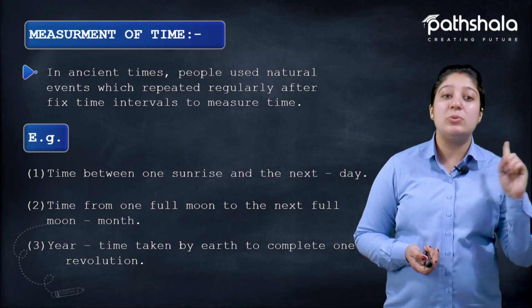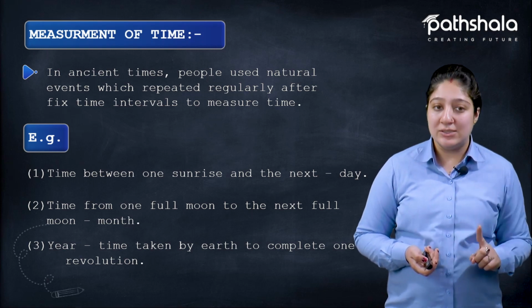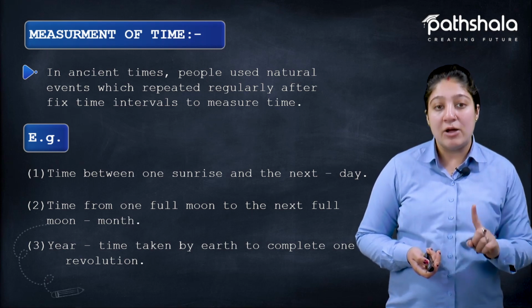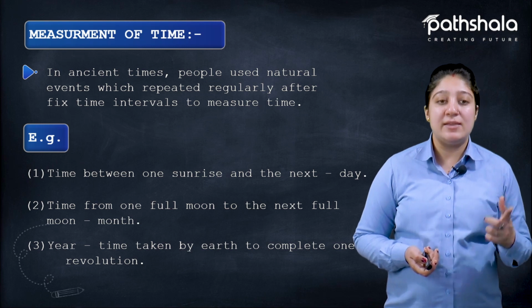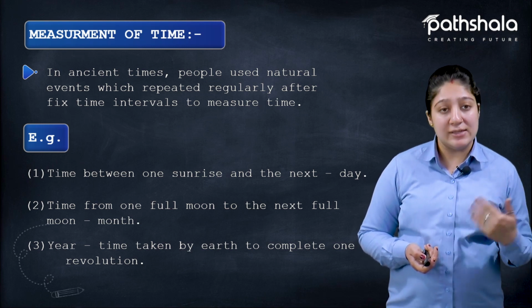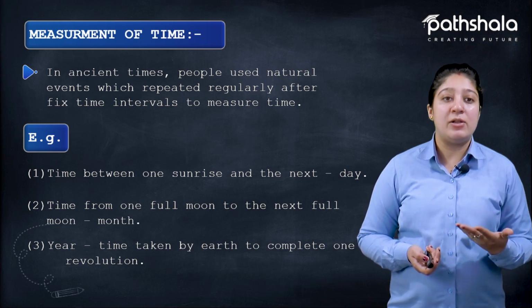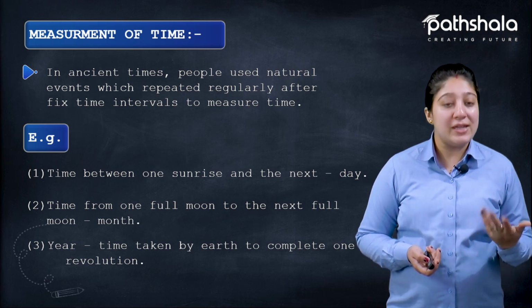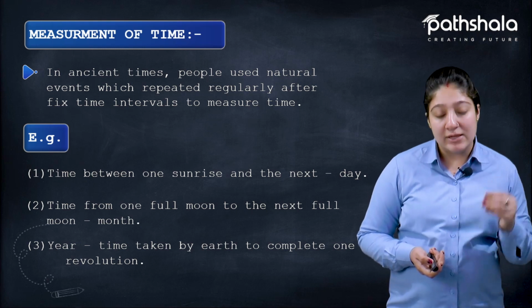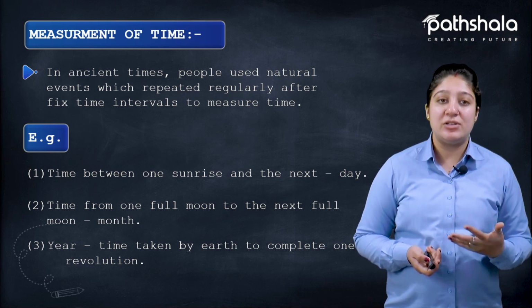That is how they said that one year has passed. So they noticed the repeated regular intervals of events, and on that basis they measured time.